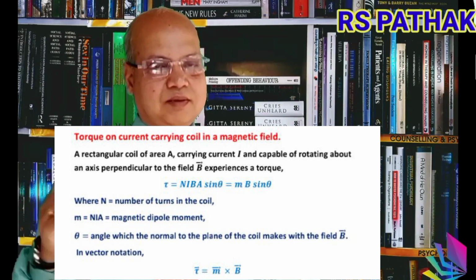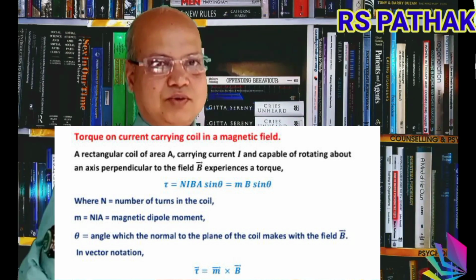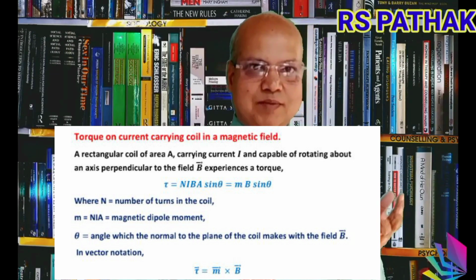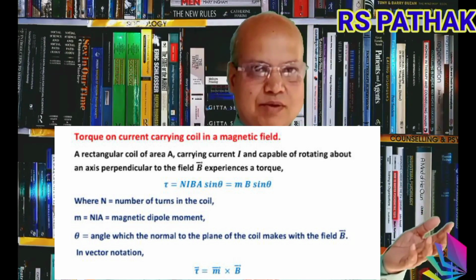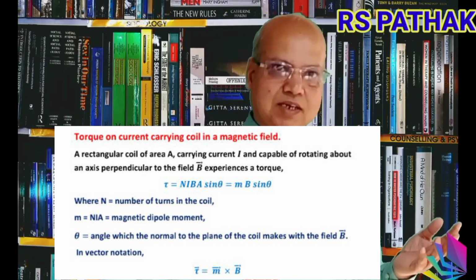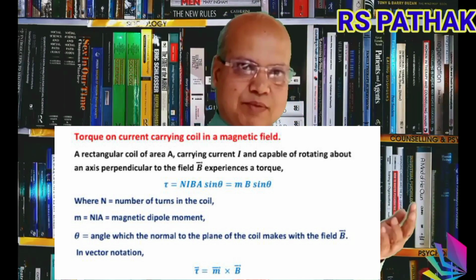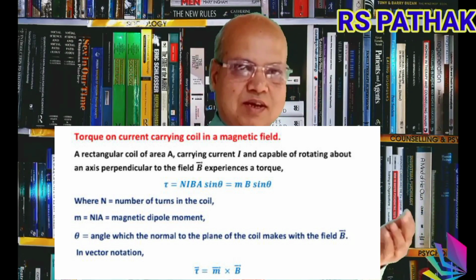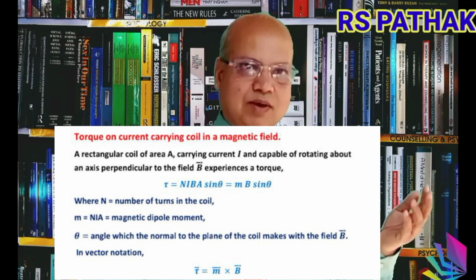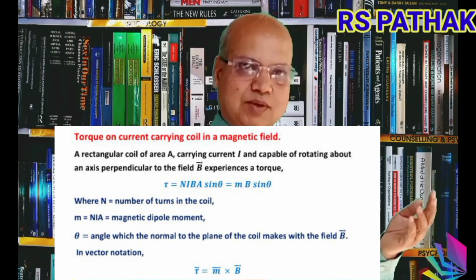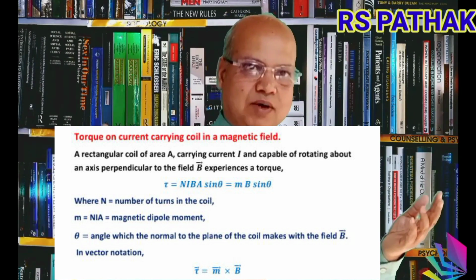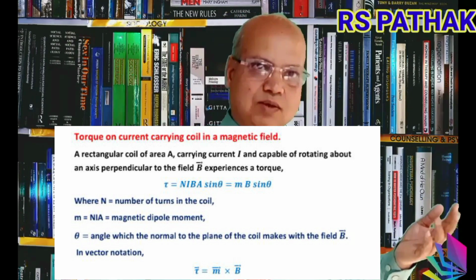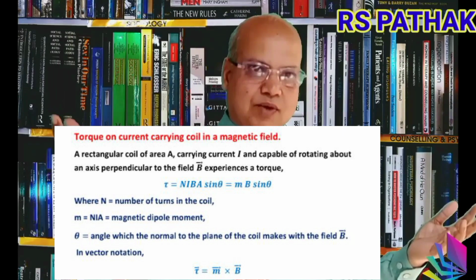That torque will be equal to tau equals N I B A sin theta, and it can also be written as m B sin theta, where N is the number of turns in the coil and small m equals N I A, which is the magnetic dipole moment. And theta is the angle which the normal to the plane of the coil makes with the field B.